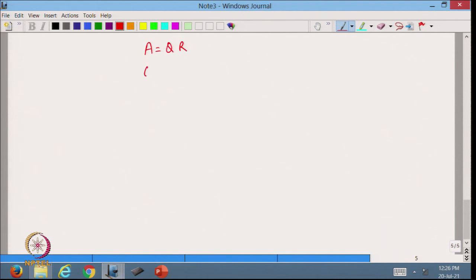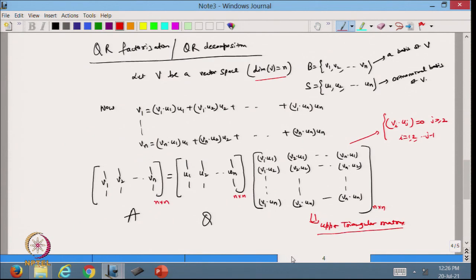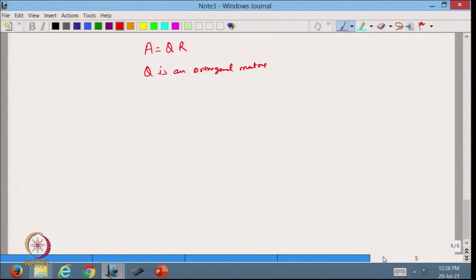Now, my Q is an orthogonal matrix. I can find R, because I know the value of A and the value of Q. Since Q is an orthogonal matrix, I can take the inverse.